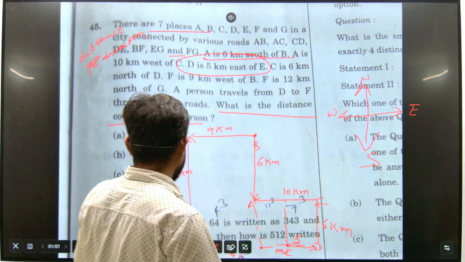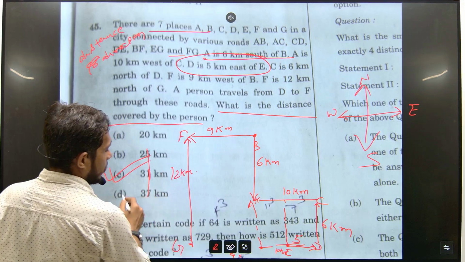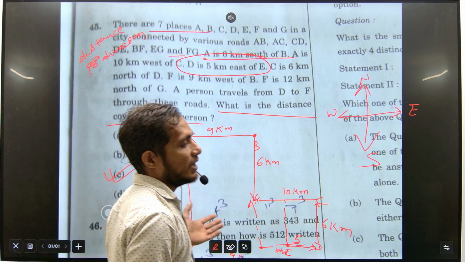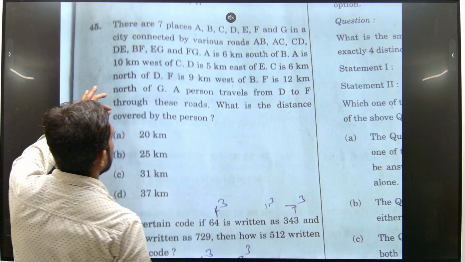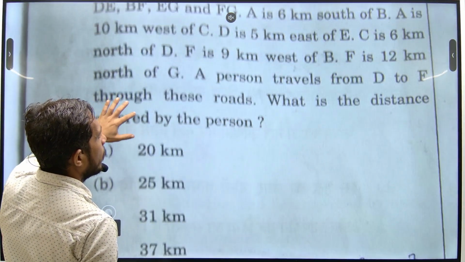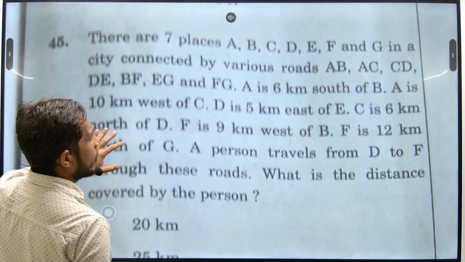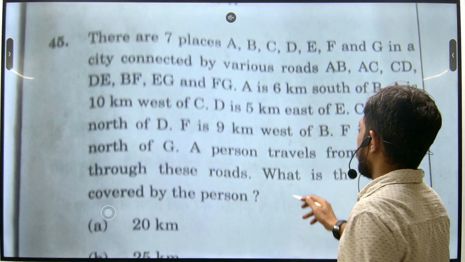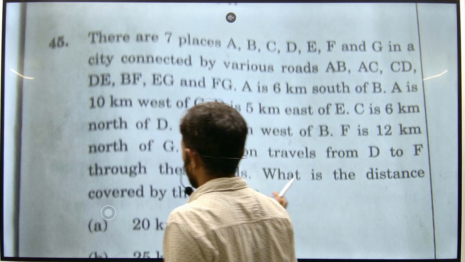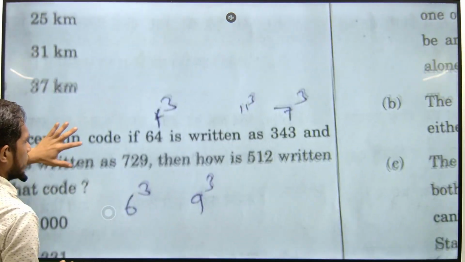So what will be the correct answer? 31 kilometers, option C is the correct answer. Now move towards the next question.